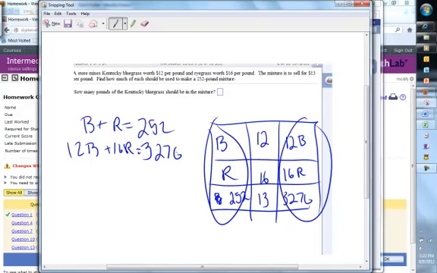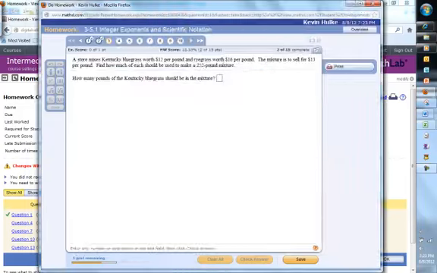So now we're going to go mode 5, and it's a 1 this time. 1 equals 252, so that's the first row. Second row is 12 equals 16 equals 3276. Okay, and bluegrass is the first part of the mixture, and that's 189 pounds. And ryegrass is 63 pounds.